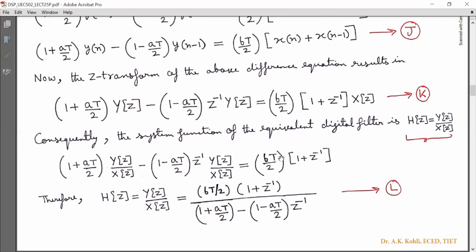Now further simplification leads to Y(z) by X(z) equal to bT by 2 into (1 plus z inverse) divided by (1 plus aT by 2) minus (1 minus aT by 2) z inverse. So this is equation L as shown on the screen.